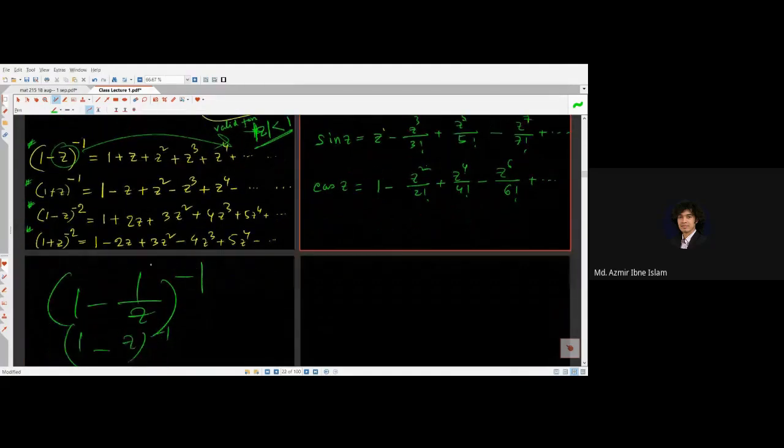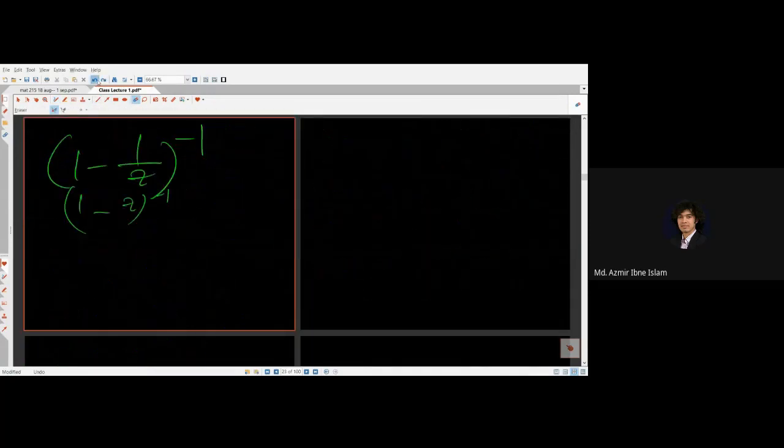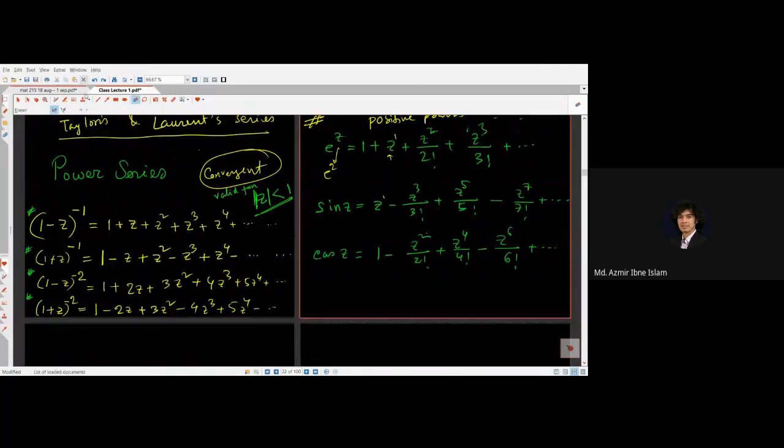So we have to look for what will be the convergent area for this part, (1 minus 1 over z) power negative 1. You will understand from a problem, but try to understand that we may have a convergent area if we have an analytic function in some domain, that is modulus of z less than 1.